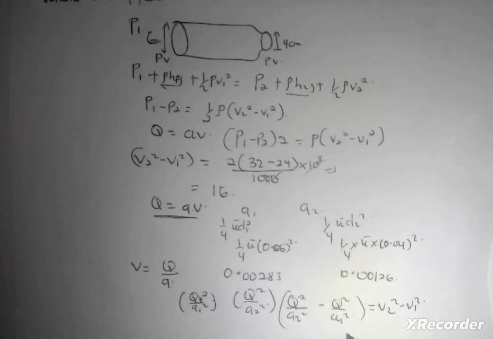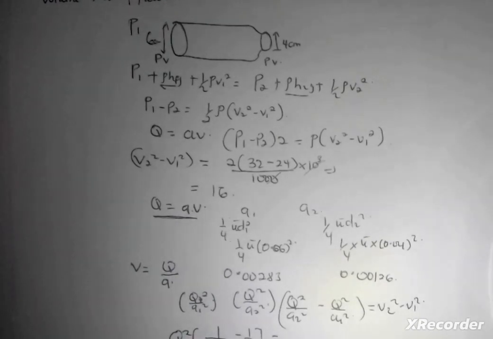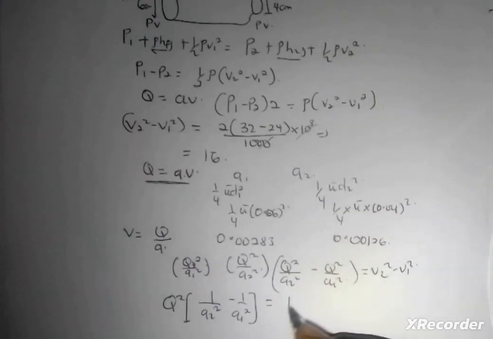I can factorize my Q squared, which is my volume rate of flow. So I get Q squared times 1 over A2 squared minus 1 over A1 squared, and this should be equal to V2 squared minus V1 squared. We got it from Bernoulli's equation as 16. So this should give us 16.